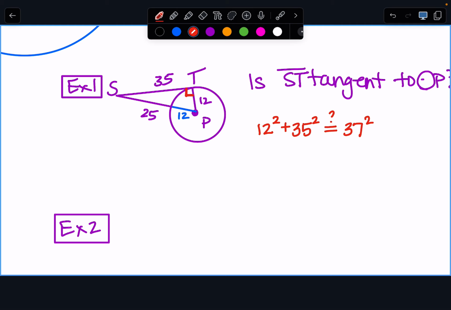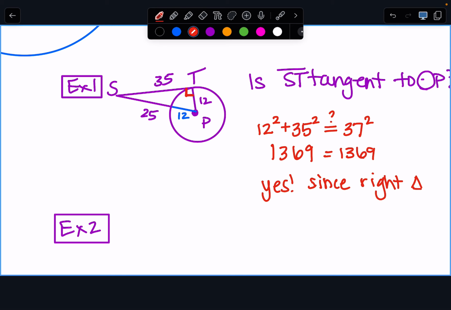It's... let me get the radical. All right, what is 37 squared? 1369. Hey guys, is this a tangent? Yes. Okay, good.